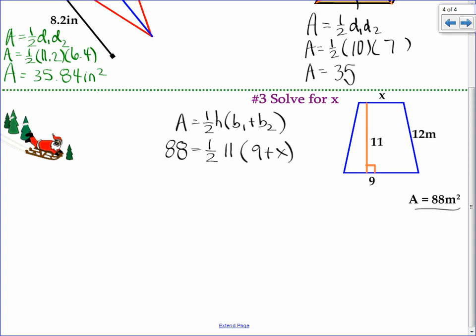Now we're just trying to get x by itself. So we have to think about what we should do with the order of operations. What should we do? That would be a safe bet. Yep. So let's change this to be 5.5. So all we did was combine the 1/2 times 11. So now what should we do with 5.5? All right. So we've got, what's 5.5 times 9? 49.